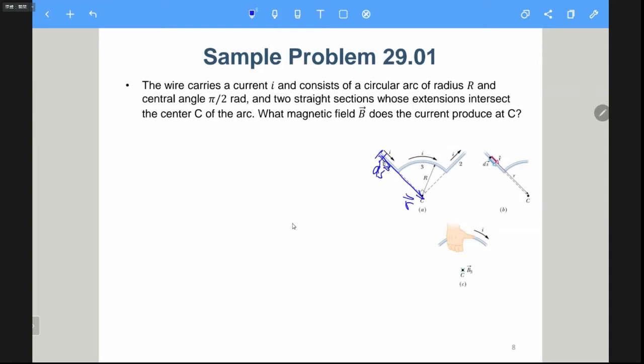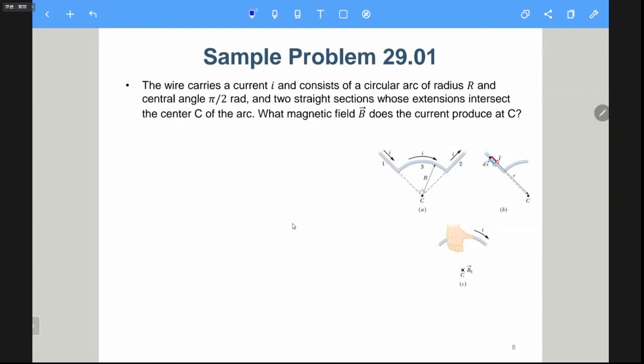And if we have the cross product between ds and r hat, then it will be 0 because sine of 0 degrees is 0. Okay, so we don't have magnetic field generated by part 1 and part 2 for point C. Okay, so the remaining part is only part 3.